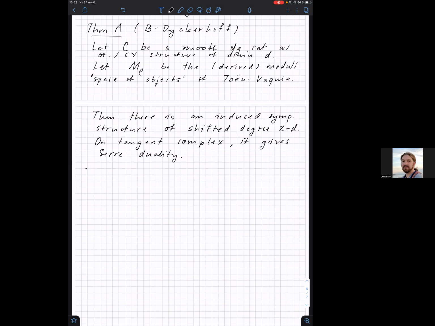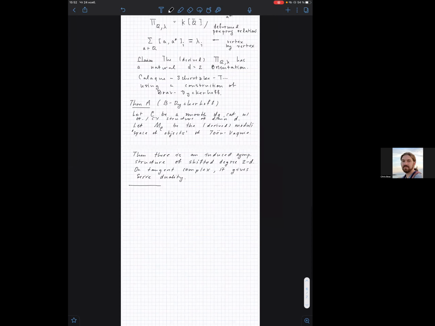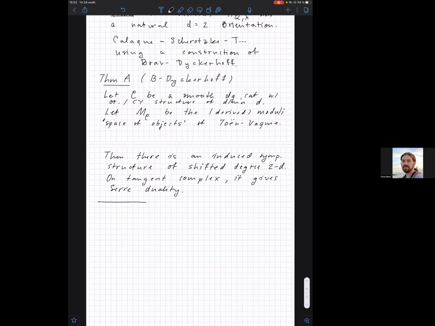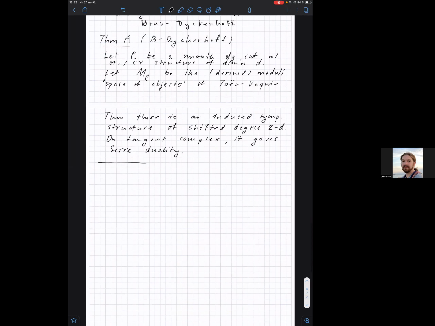So this is input. And what I really want to talk about is the theorem of Brav and Dyckerhoff, which generalizes Goldman's theorem. So I have this moduli space, it's symplectic. I have some Poisson bracket on functions. And I want to produce for you a bunch of functions that come just from the category, and I want to tell you how to compute their Poisson brackets.